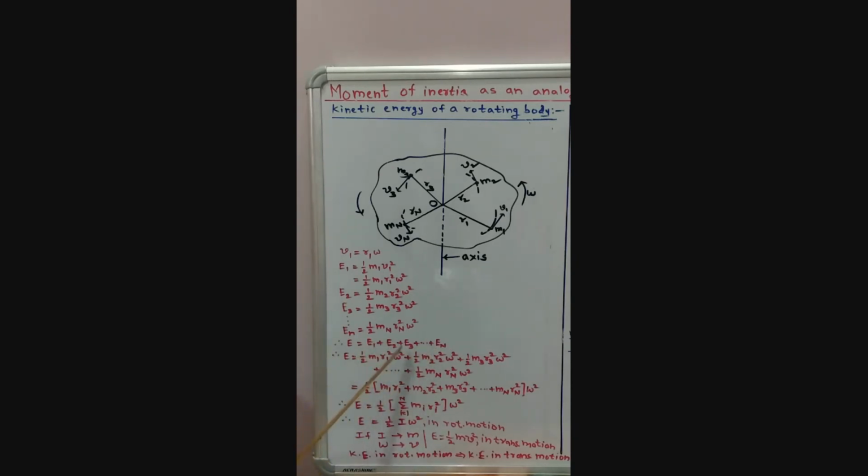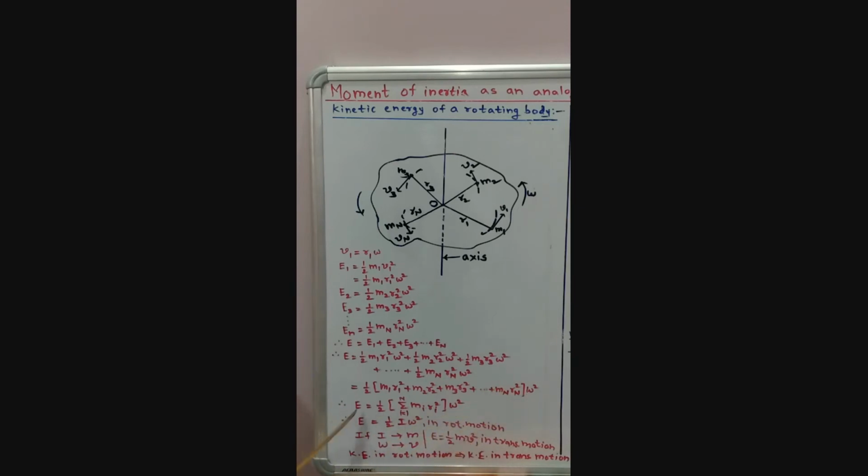Substituting values of E1, E2, E3, etc. in this expression, we get E is equal to 1/2 m1 r1 square omega square plus 1/2 m2 r2 square omega square plus 1/2 m3 r3 square omega square plus dot dot dot plus 1/2 mn rn square omega square. Further, E is equal to 1/2 in square brackets m1 r1 square plus m2 r2 square plus m3 r3 square plus dot dot dot plus mn rn square, bracket complete, omega square.